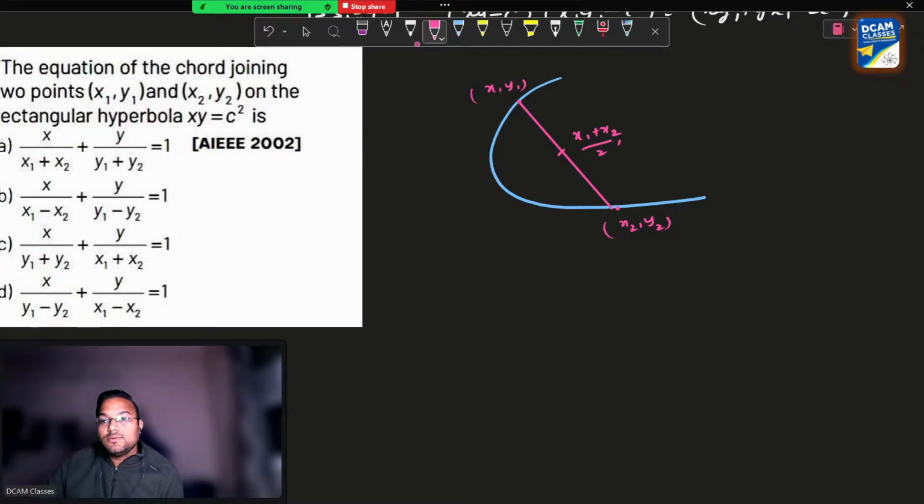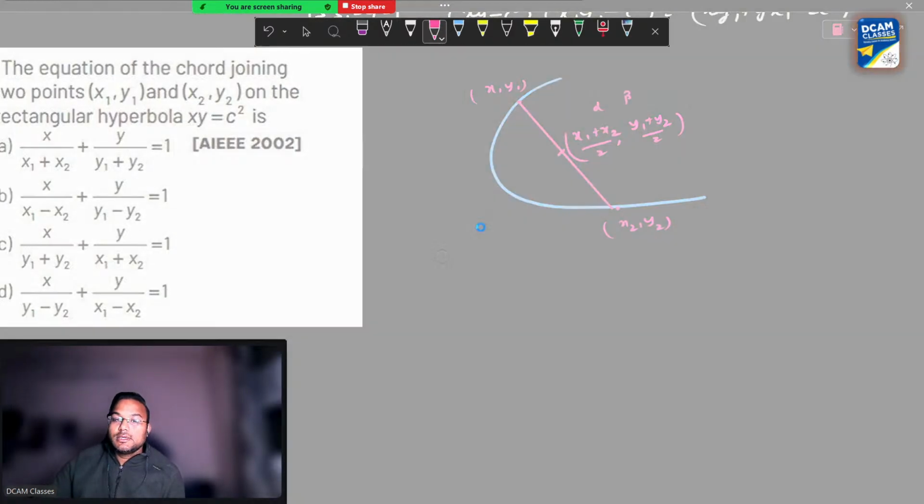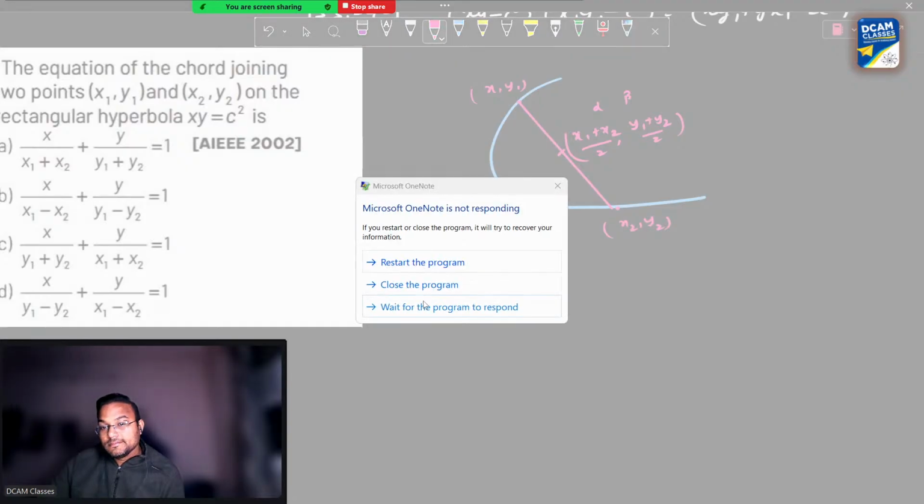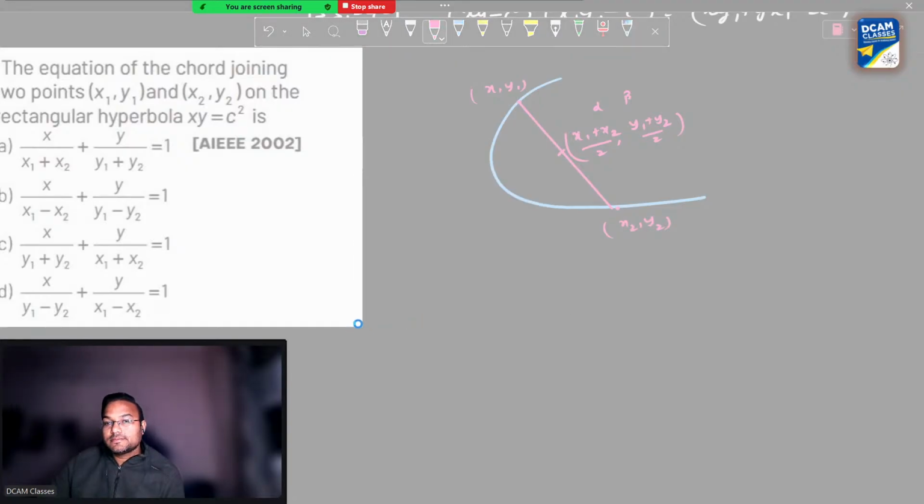The midpoint is x1 plus x2 by 2, y1 plus y2 by 2. We know the equation of the chord with a given midpoint, T is equal to S1.